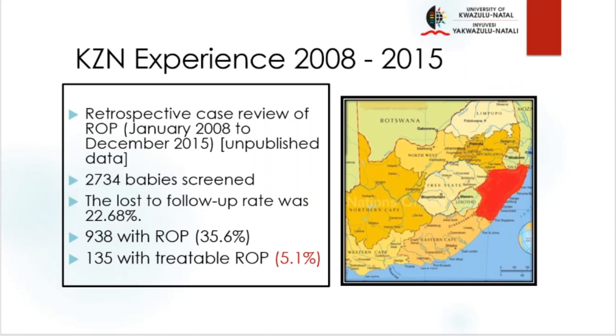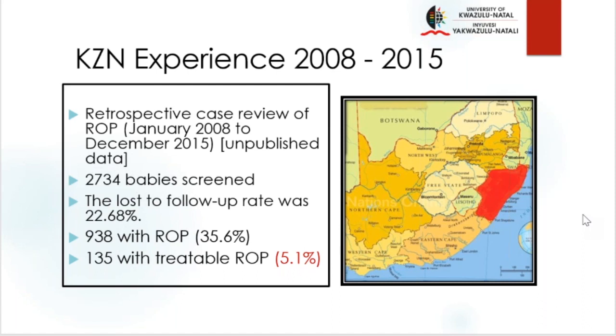However, around that time in 2008 in KwaZulu-Natal, we were specifically already seeing a major increase in the number of ROP cases, which had started around 2004. And by 2008 had about doubled the number that we'd seen in 2004. I felt the reason why we were seeing so many more cases in those years was because in 2004 there was a decision made by the provincial government to decentralize some of the neonatal care to smaller rural areas.